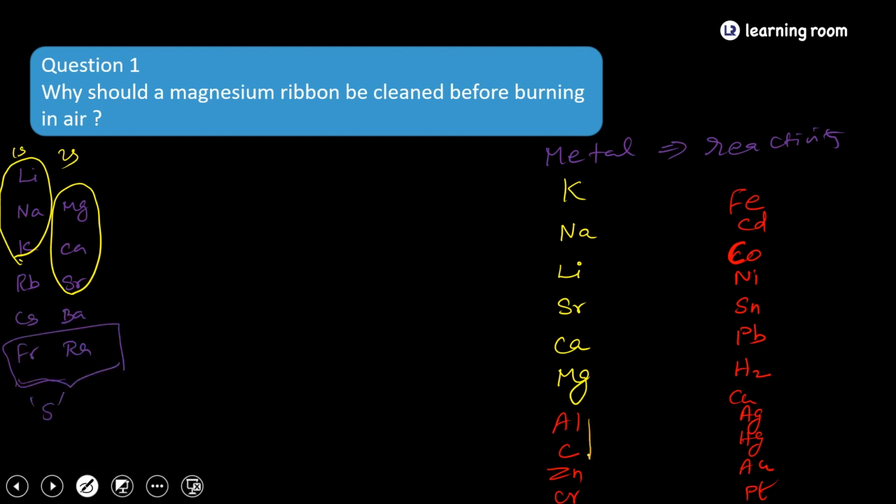From here, these two are p block elements. I have marked it here: carbon and aluminium are p block elements, and lead and tin are p block elements. Carbon, silicon, germanium, tin, lead belong to the same family, the carbon family. Hydrogen is separate, and the remaining are d block elements.